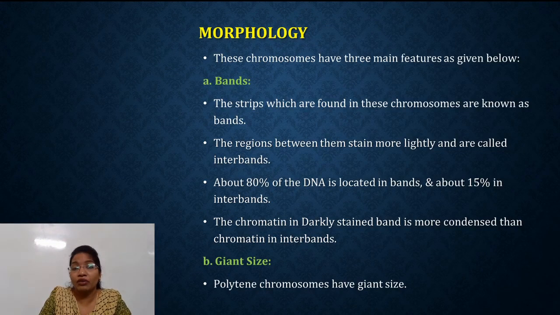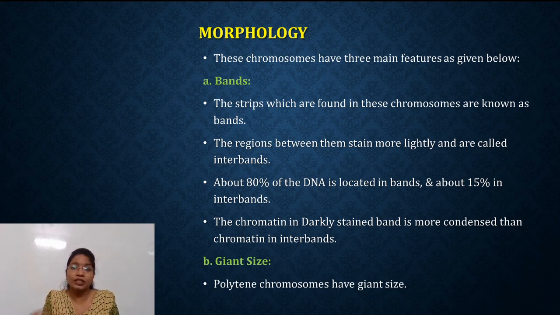Now the morphology. These chromosomes have 3 main features. The first feature is the bands. The strips present in these chromosomes are called bands, and the regions between these bands, which are lightly stained, are called interbands.